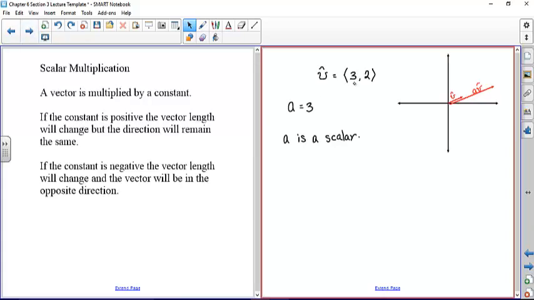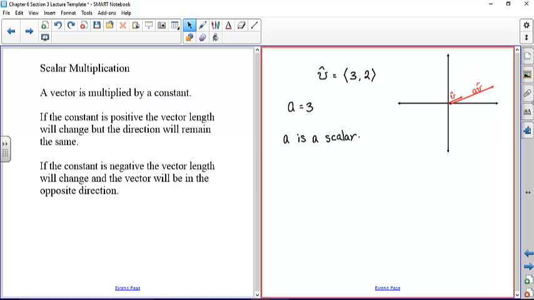So here we have this vector (3, 2), which has an x-coordinate of 3 and a y-coordinate of 2. And this is a scalar a, which has just a value. It doesn't have a direction. So a is a scalar.